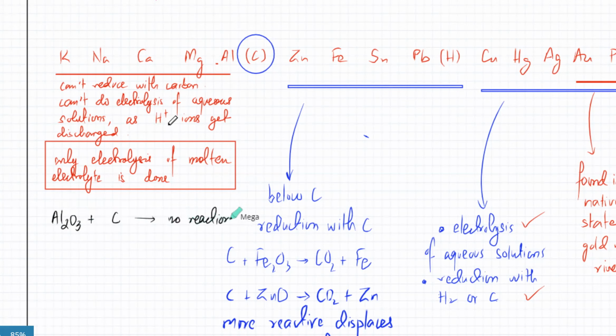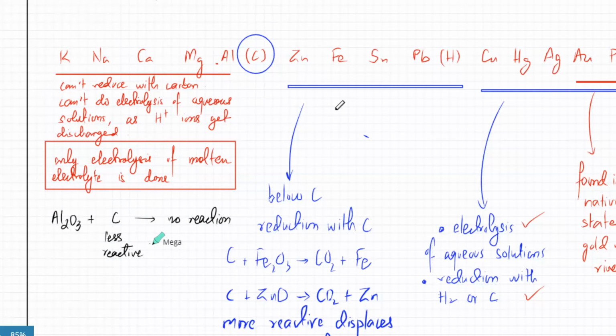There's not going to be any reaction. Why? Because carbon is less reactive. In the reactivity series, carbon is lower down. It is less reactive, so no reaction is going to happen in that particular case. So carbon will not be able to take away oxygens from aluminium. So in that case, only electrolysis of molten electrolytes is done.